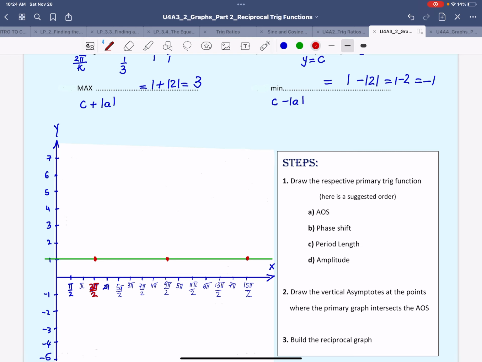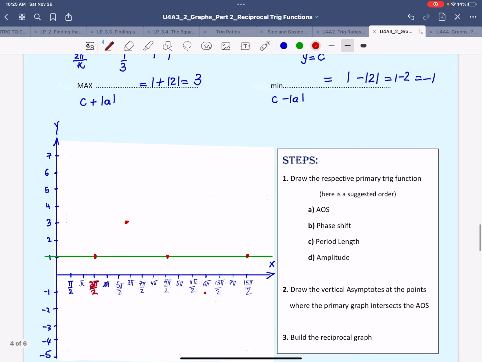So that means that halfway the first half of the period, which happens to be at 3 pi, the function will hit a maximum of 3. So at 3 pi, we'll have the sine function equal to 3. And halfway the second half of the period, which happens to be at 6 pi, the function will hit the minimum value, which is -1. And here we have all the 5 points for the sine function, which is a primary, and we will shape the graph.